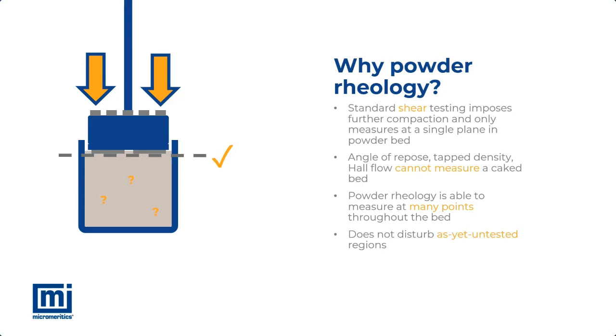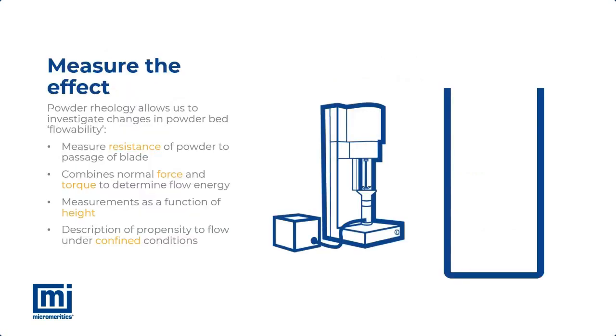Contrastingly, powder rheology is able to measure multiple points throughout the powder bed, providing a detailed picture of the caking behaviour throughout the sample without disturbing the as yet untested regions. This leads to a more reliable and detailed result than is possible with any of the competing methodologies. Powder rheology allows us to analyse the flowability of powders not only at a single point, but throughout the sample, by passing a specifically shaped impeller or blade through the entirety of a given sample.